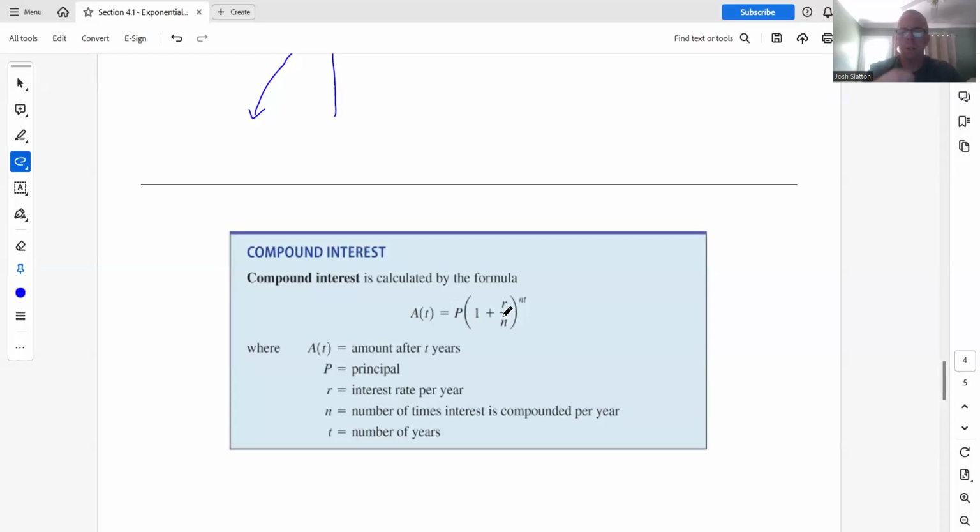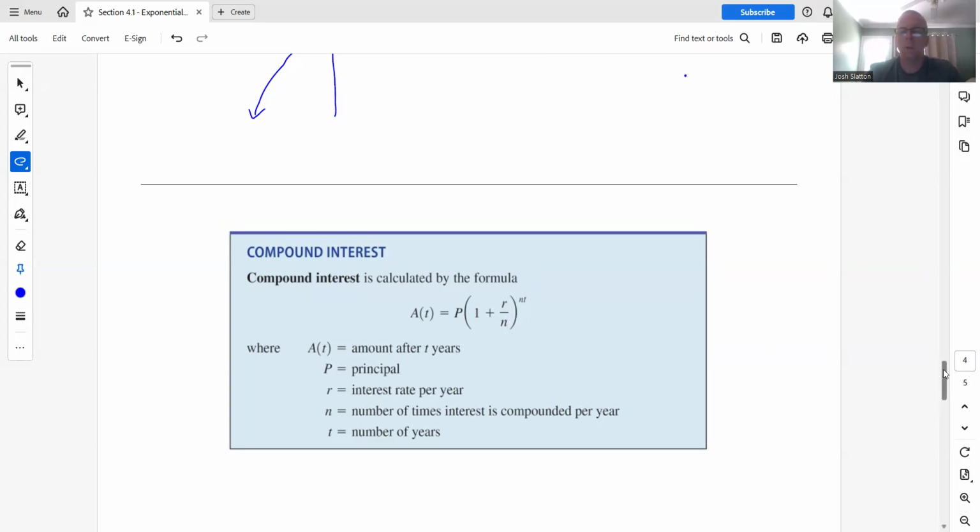So for instance, we could compound interest quarterly, and then N would be 4 because you'd have 4 compounding periods per year. Monthly would be 12, semi-annually would be 2, and so on. And then T is going to be the time in years that you're investing this money. So these are just really straight plug in the calculator for the most part.